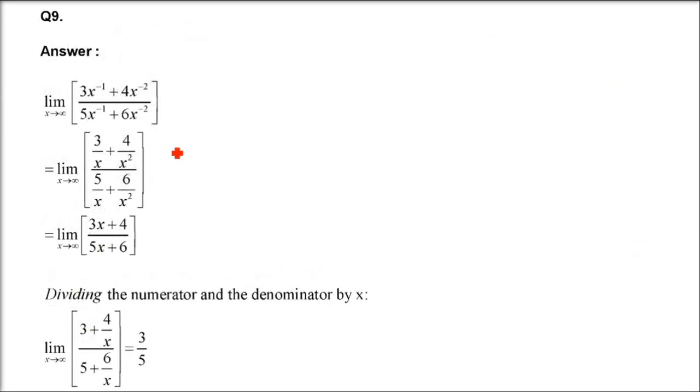Question number 9 we have. So 3x raised to minus 1, 4x raised to minus 2, 5x raised to minus 1, 6x raised to minus 2. So the power is negative. So we'll just bring it in the denominator, 3 by x plus 4 by x square. Then you have 5 by x plus 6 by x square. Okay. Now, as I said, you can just take 1 by x common, as we did in the first question.